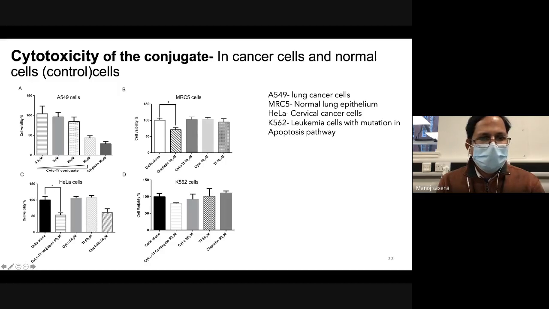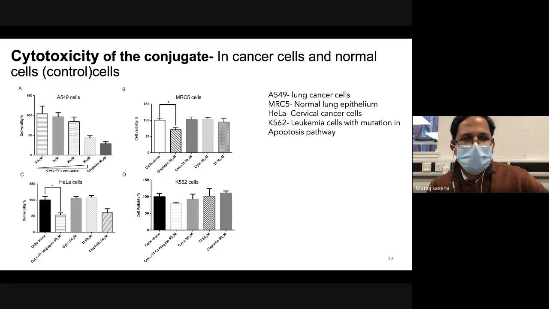And to further confirm that this cytotoxicity is not specific to just one cell line, A549, we also tested HeLa cells and we got similar results. And to further validate that this cytotoxicity is acting through a mechanism of apoptosis activation, we tested another cell line, K562, in which the apoptotic pathway is blocked.